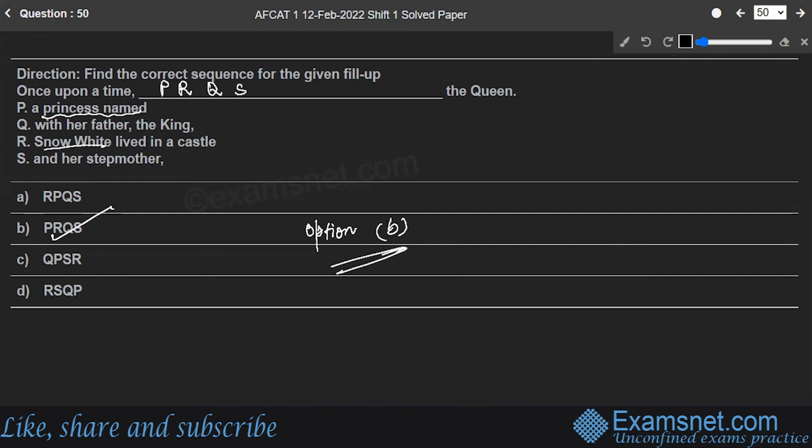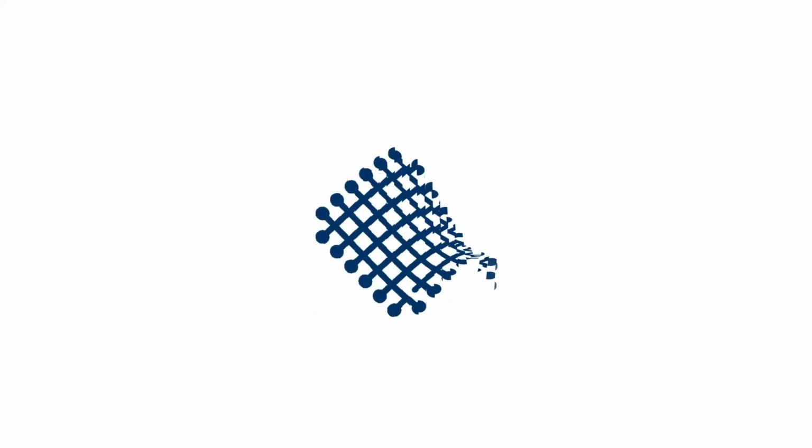After this, R will come as it is calling the princess's name, which is Snow White. Then Q will come, because after talking about Snow White in a castle, of course, she's living with her father. This should be the next one, with the father, the king, and the stepmother. Right? So let's move. I hope this is very much clear to you.